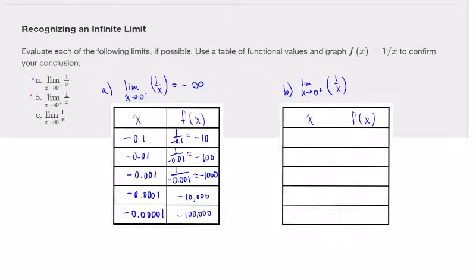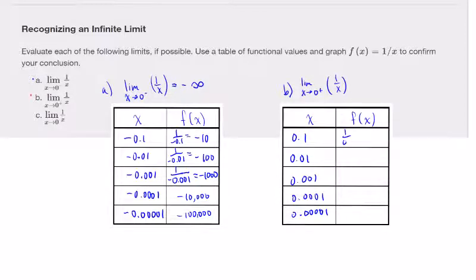All right. Now part B is going to be a similar thing. We're approaching 0 from the right, so we're going to get closer and closer to 0 on the positive side this time, right? So I'm going to start with 0.1, and then 0.01, 0.001, and so forth and so on, right? And you probably already figured out what's going to happen here, because it's very similar to the other side, except it's going to be positive.